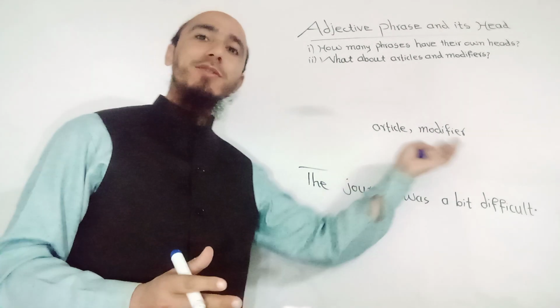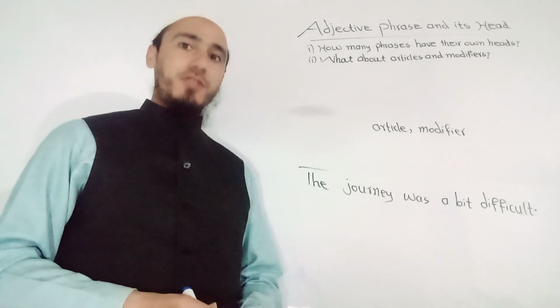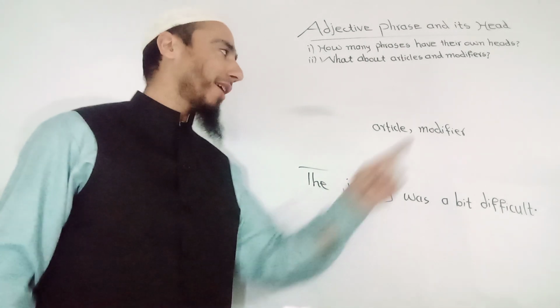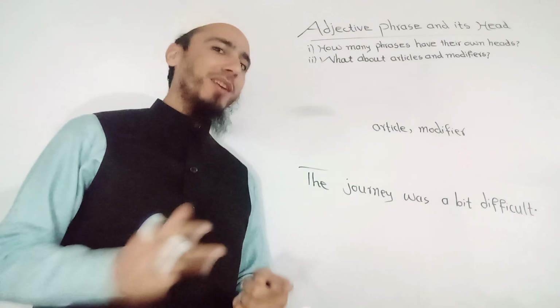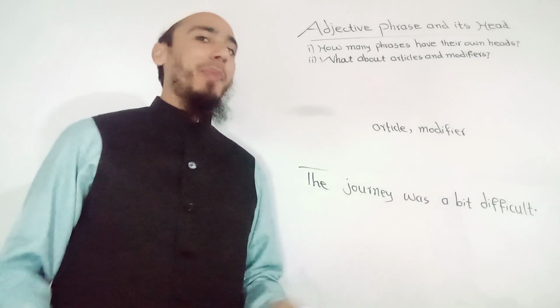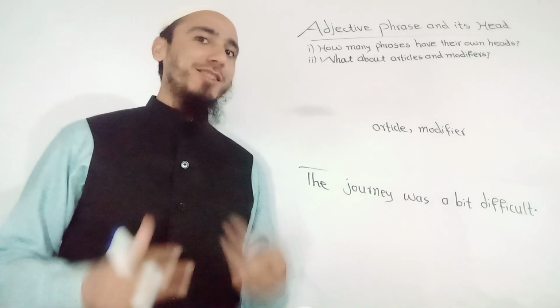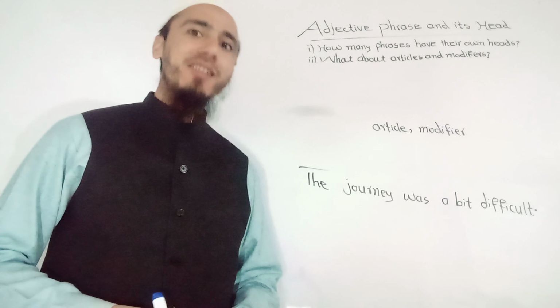If a modifier comes at the beginning of adjective or adjective phrase, then that is adjective of degree. But if it appears before an adverb, then it is related to the degree of adverb. It means it is adverb of degree.